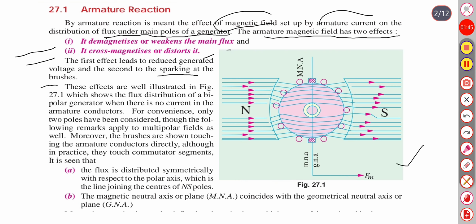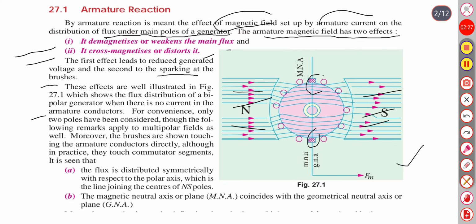For convenience, only two poles have been considered, though the following remarks apply to multipolar fields as well. Moreover, the brushes are shown touching the armature conductors directly. These are the brushes, although in practice they touch commutator segments, not the armature directly.